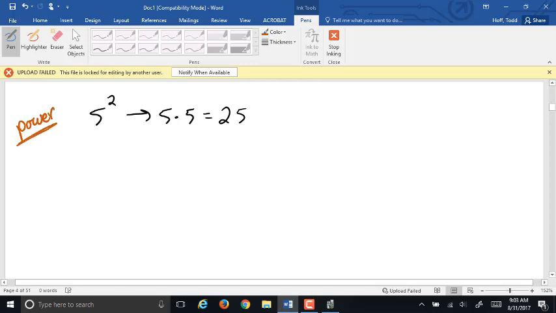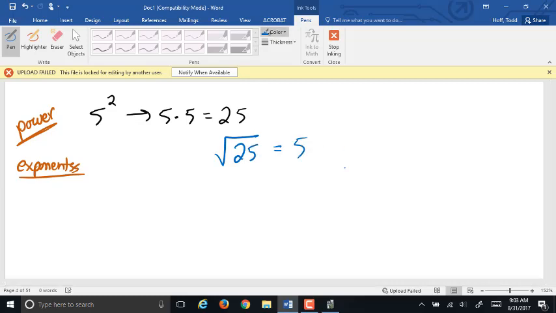It's part of exponents. Its inverse is a root. If I want to go from that 25 back to the 5, I do a square root. The square root of 25 is 5.